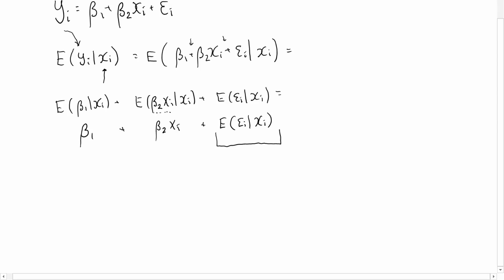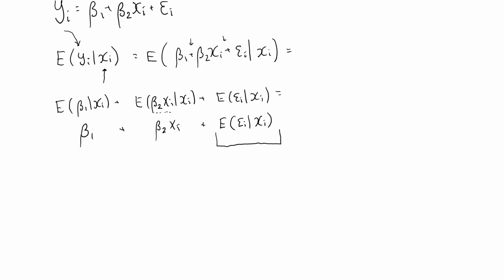So if we assume that this expected value is 0, then we're basically saying that no matter what the value of xi is, no matter how many hours students have studied, the expected value of the error term is 0.